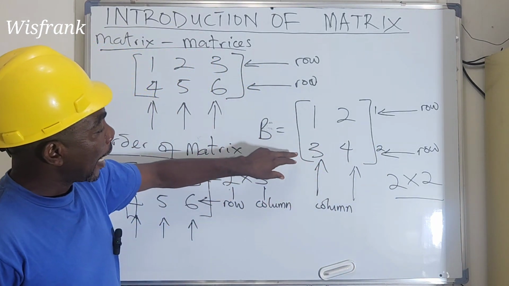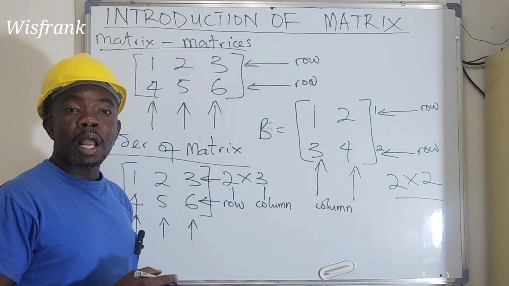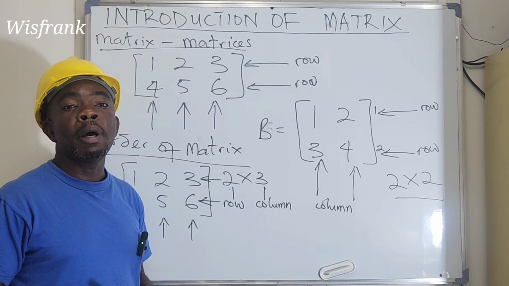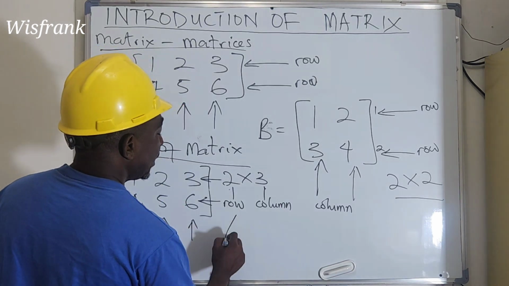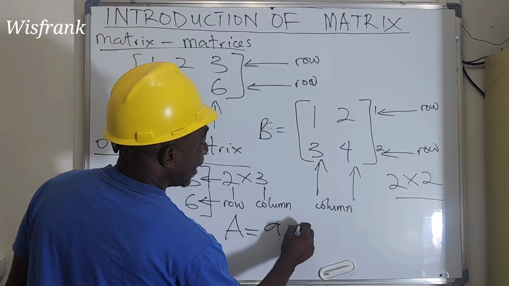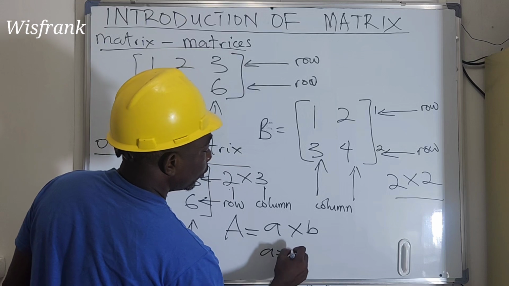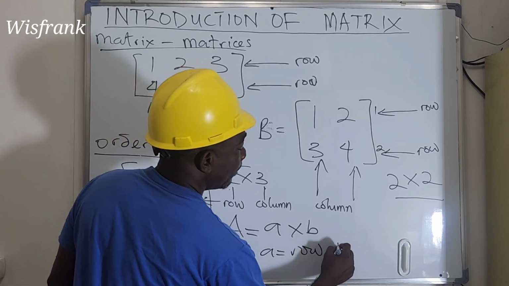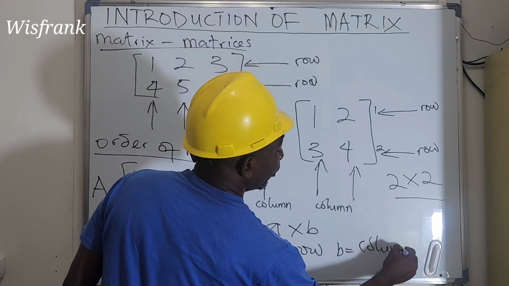So we have seen that for any matrix, we need to count the number of rows and the number of columns. Let's say any matrix A equals a times b, where a equals the rows and b equals the columns.